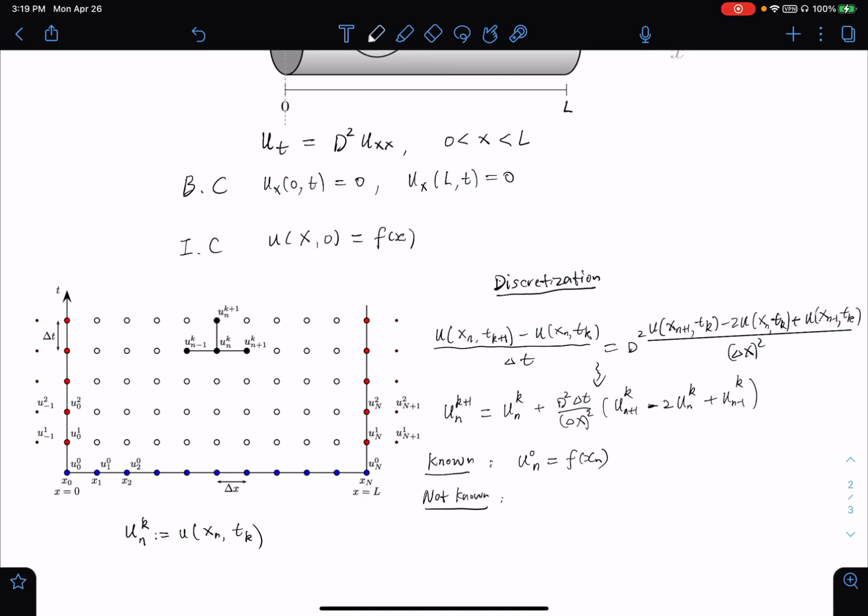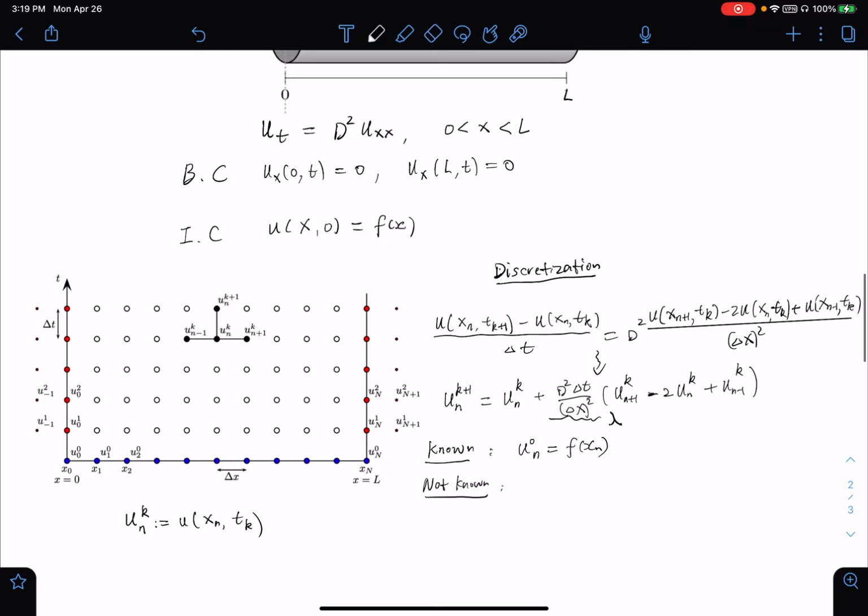And here is what we call lambda as in the previous problem, right? And we have the same initial condition, so we have some known values just the same as in the previous example. So at time t equals 0, we have these values where the time index is 0. For any xn, it equals f at these xn's.